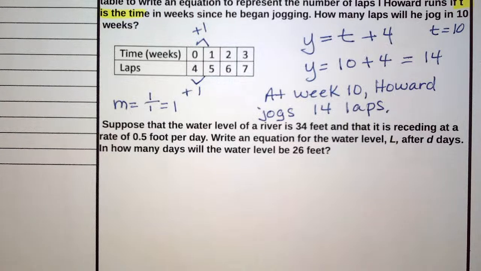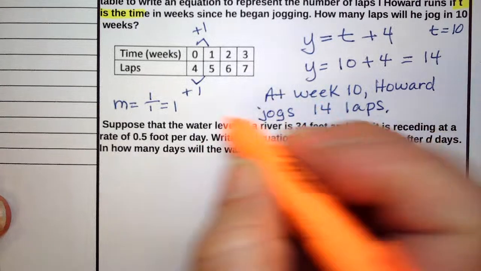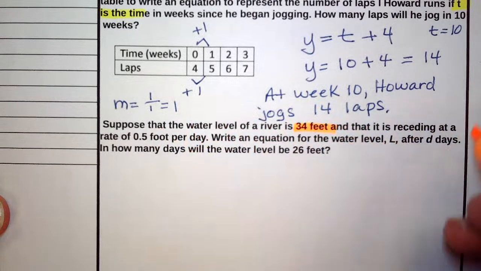Suppose that the water level of a river is 34 feet and that it is receding at a rate of 0.5 foot per day. Write an equation for the water level L after D days, and how many days will the water level be at 26 feet? So we're starting out, the water level is at 34 feet.